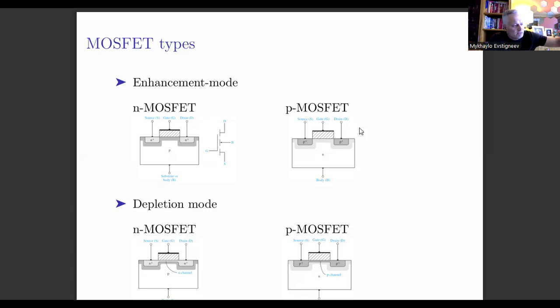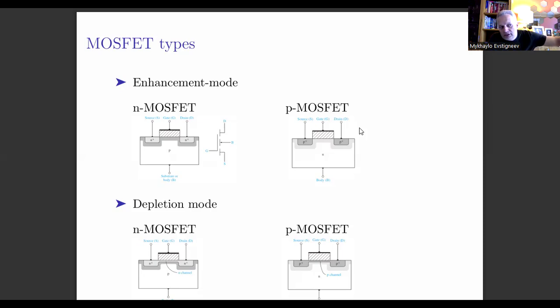So in the enhancement mode MOSFETs, you need to apply some voltage to the gate in order to produce the inversion layer. But in the depletion mode MOSFETs, the inversion layer already exists even at zero gate voltage.